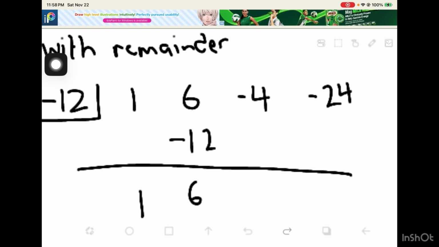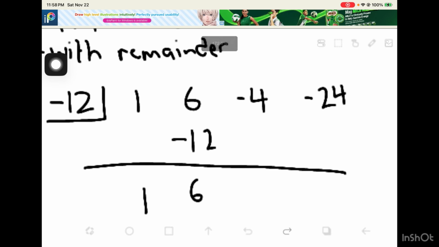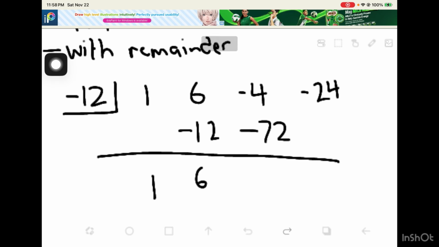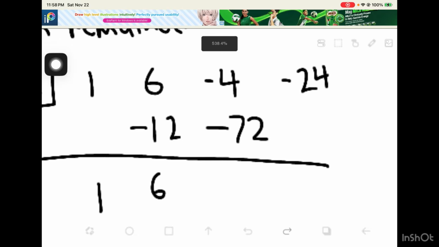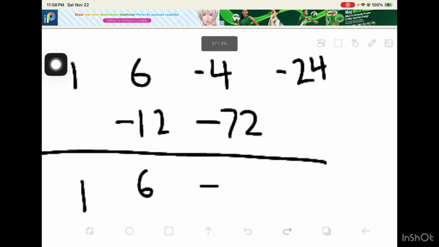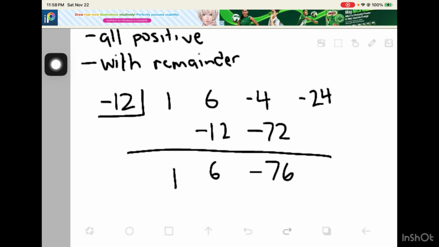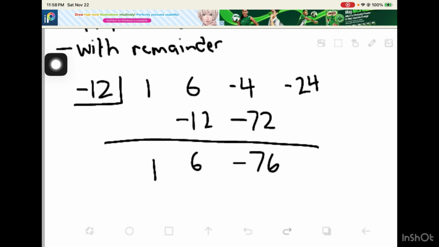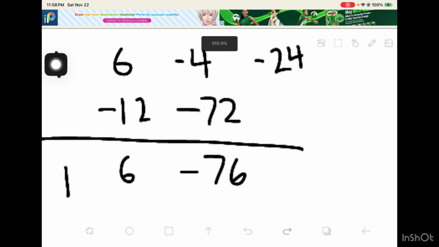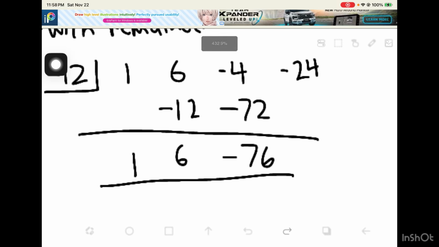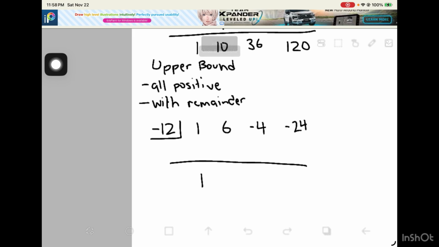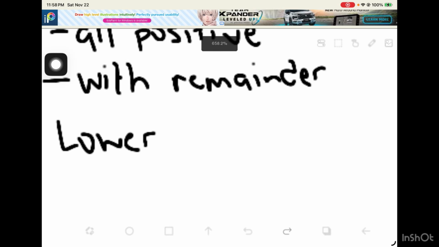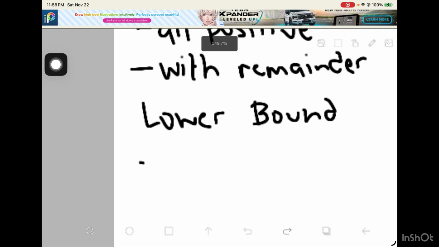Then this is equal to 6. 6 times negative 12 is negative 72. When we add this, it's going to be negative 76. Negative 76 times negative 12, as you could see, it's going to be too high. But actually, negative 12 is not a lower bound here because it's not alternating. We'll encounter this later, but for a lower bound, it must have alternating signs.